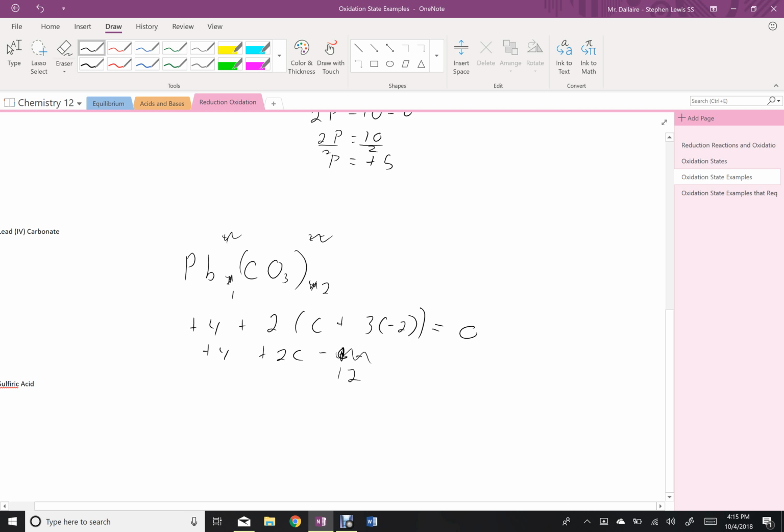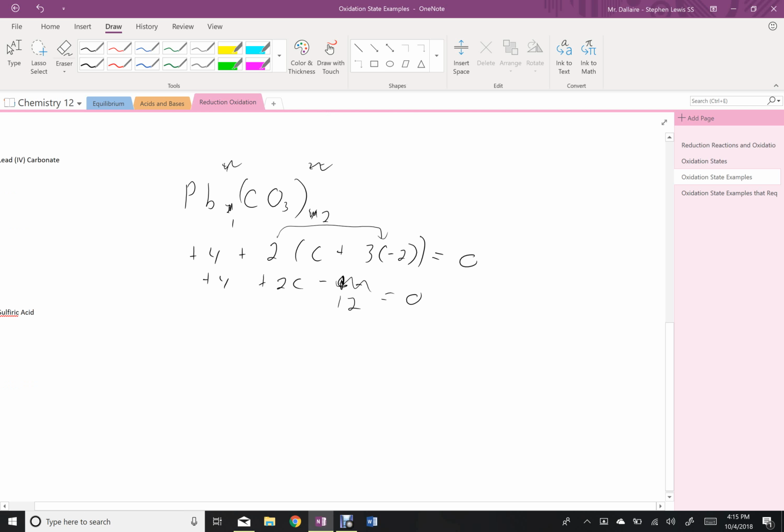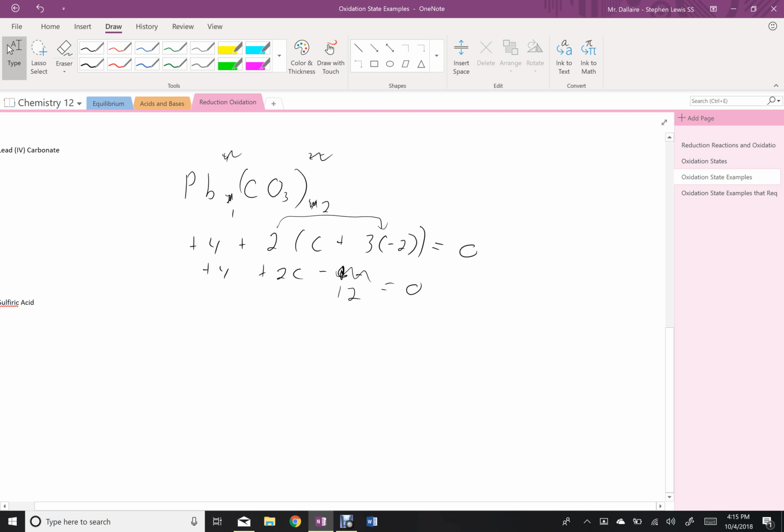Has to add to 0. So 2C, adding like terms here, minus 12 plus 4 will be minus 8. And so carbon will work out to be plus 4 here.